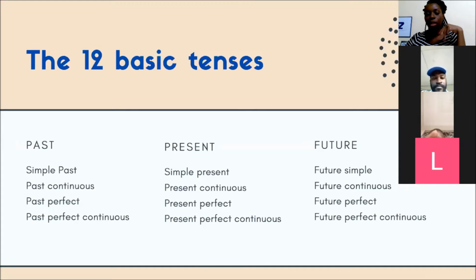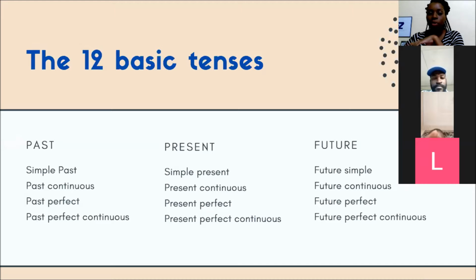Now, to talk about events that happen now in the present, you use the simple present, the present continuous, the present perfect, and the present perfect continuous.